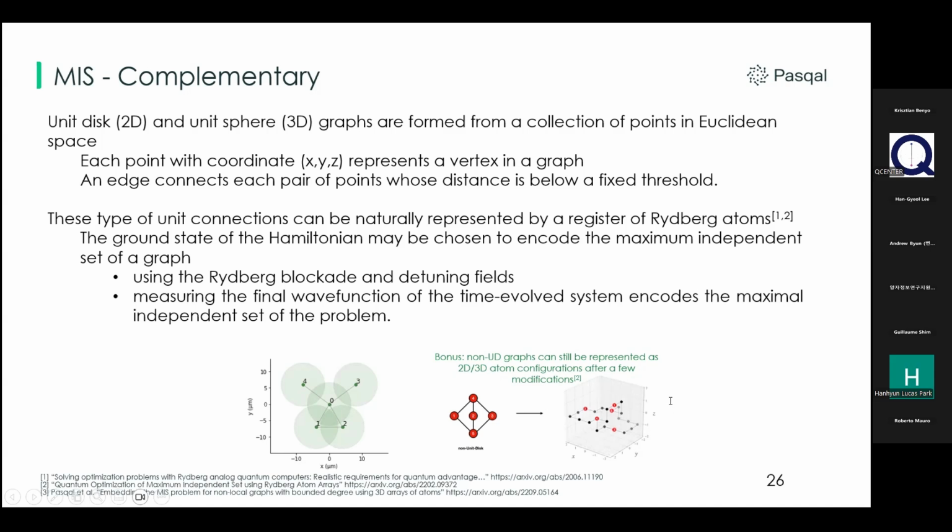This naturally incurs some limitations on which graphs can be efficiently represented and implemented on a quantum device itself. Nevertheless, it's worth knowing that although the direct encoding is limited to unit disk graphs, there are techniques that allow you to have non-unit disk graphs being represented as unit disk graphs as well.